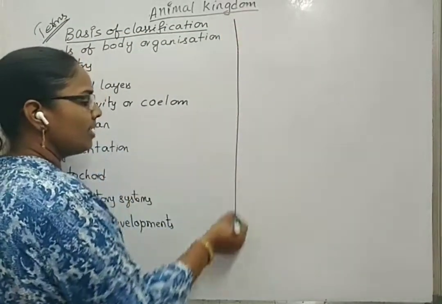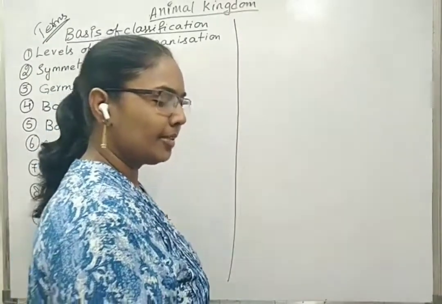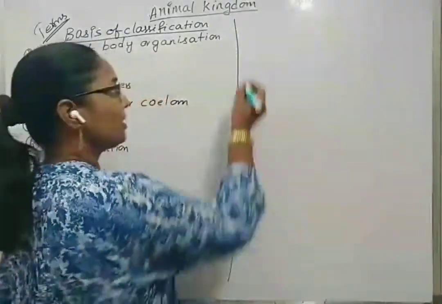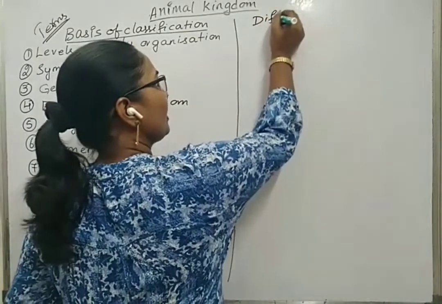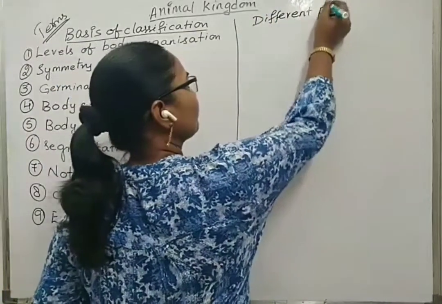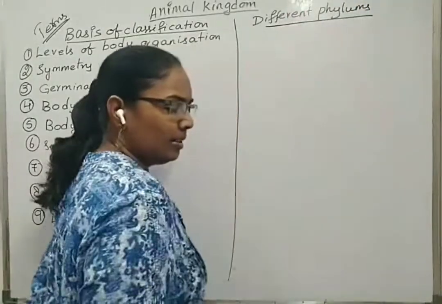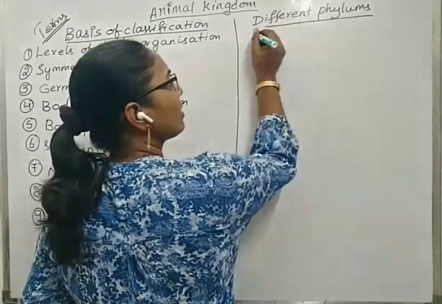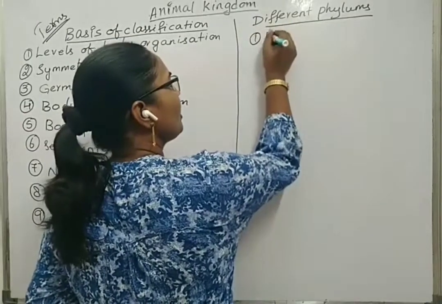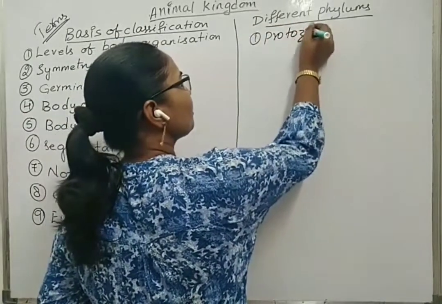Now we will see the list of different phyla that we study in this animal kingdom chapter. So, different phyla. First one is Protozoa.